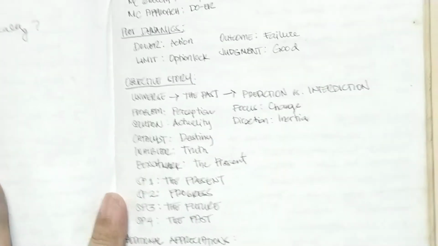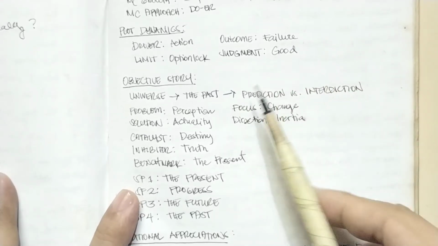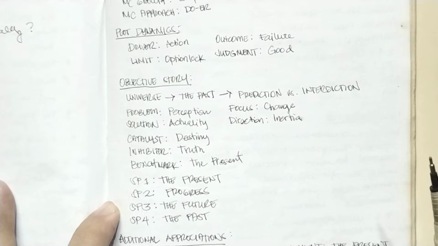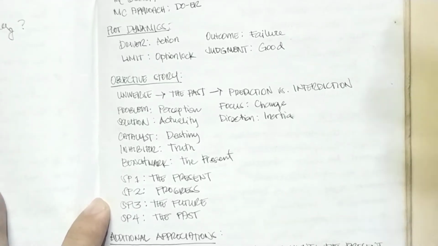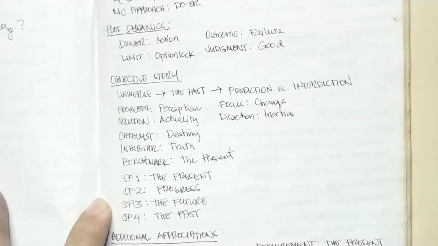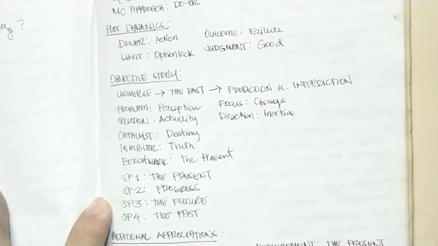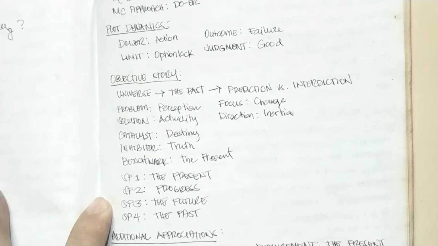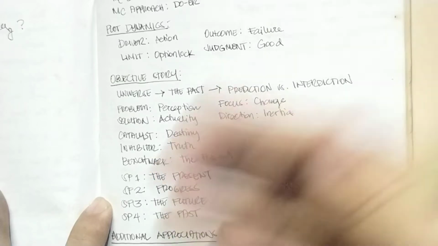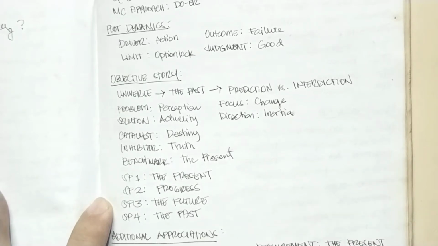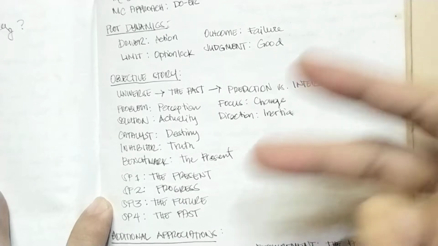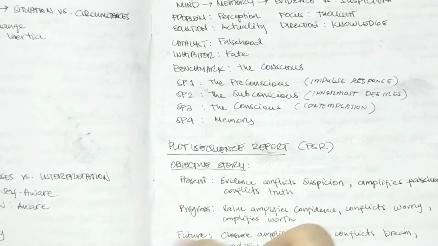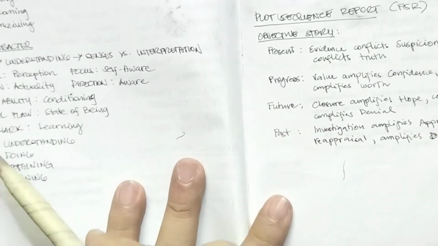So assuming that you already know, we're going to go ahead and use the plot sequence report to help us create a synopsis of our story through lines. Okay, and then we're going to combine that, but we're not going to do that now. I'm just going to show you how to use the plot sequence report to help us start that. Okay, so the important thing for me is to get these elements first.